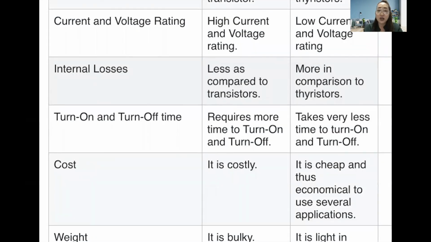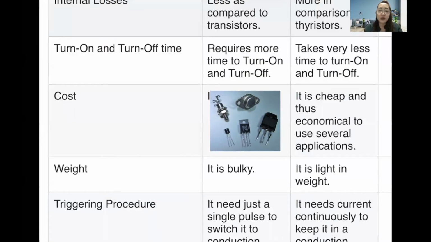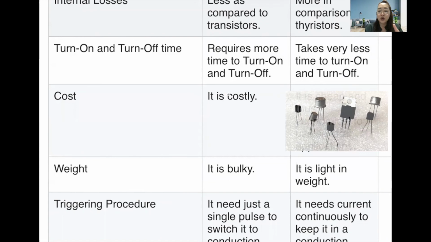Thyristors are costly, while transistors are cheap, thus economical and used in several applications. That's why in our daily life, we are more aware of transistors rather than thyristors, because thyristors are expensive. Thyristors are bulky while transistors are light in weight.